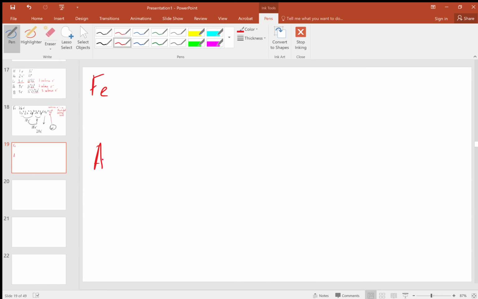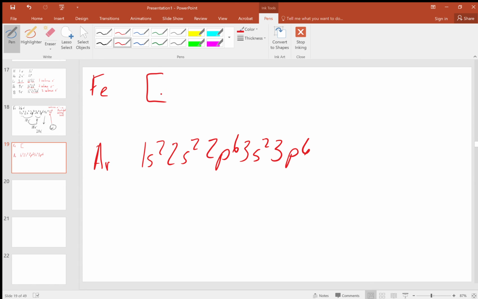So argon has a configuration 1s2, 2s2, 2p6, 3s2, 3p6. So the shorthand or abbreviated notation for iron will take the noble gas that comes directly before it, which is argon, and then just show us the electrons that come after.